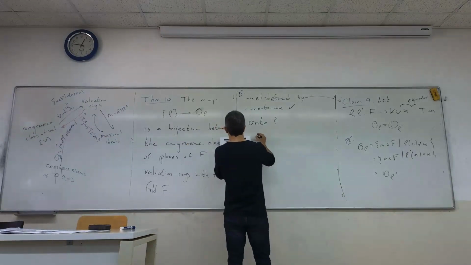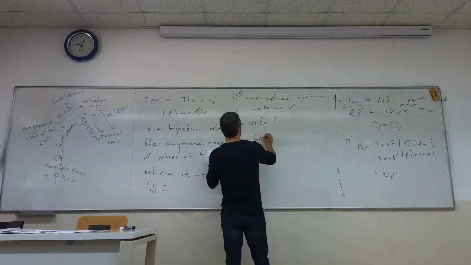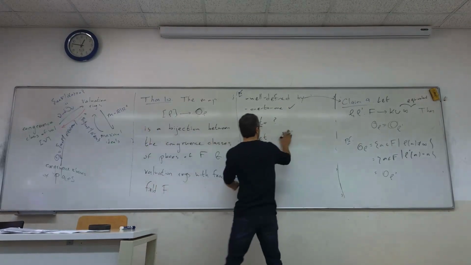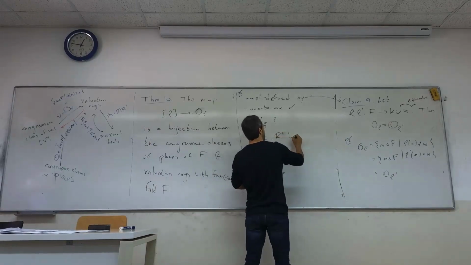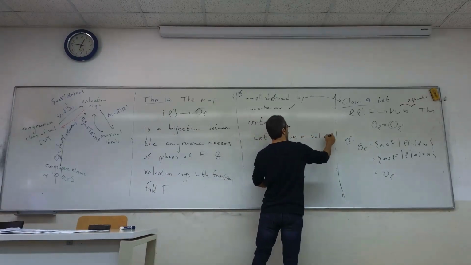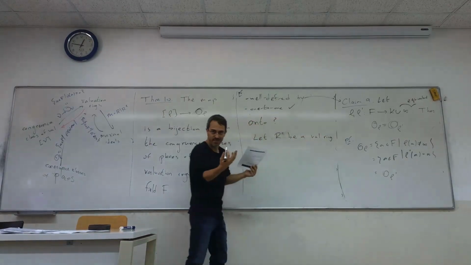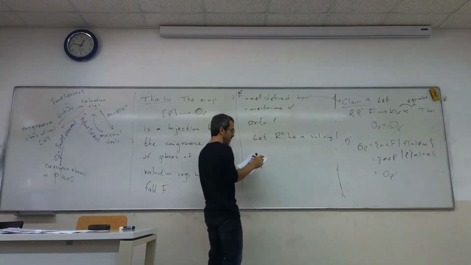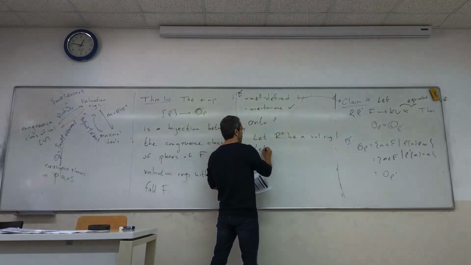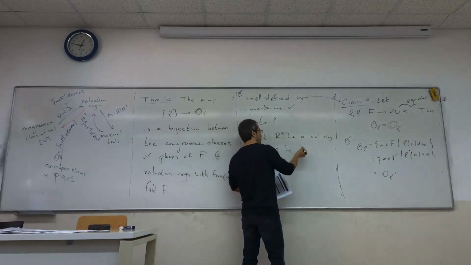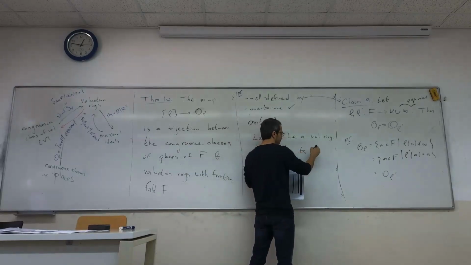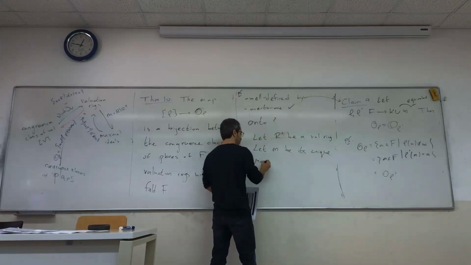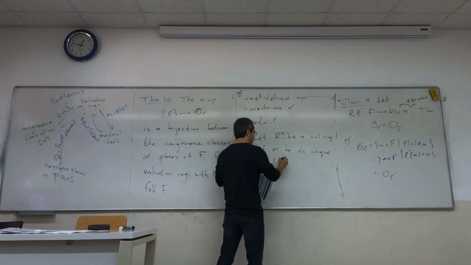So the idea is, let R be a valuation ring. I want to get a place in such a way that this is a bijection. So let M be its unique maximal ideal. It doesn't matter for this definition that it's unique; as long as it's maximal, I'm happy.